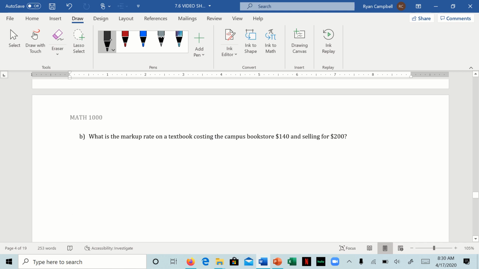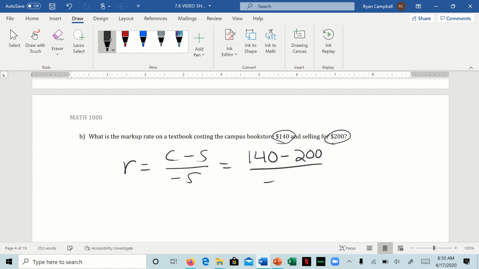So what is the markup rate on a textbook costing the campus $140 and selling for $200? If we have our formula, the campus cost is the C, so that's going to be 140 minus the selling price, which is 200, divided by negative 200.